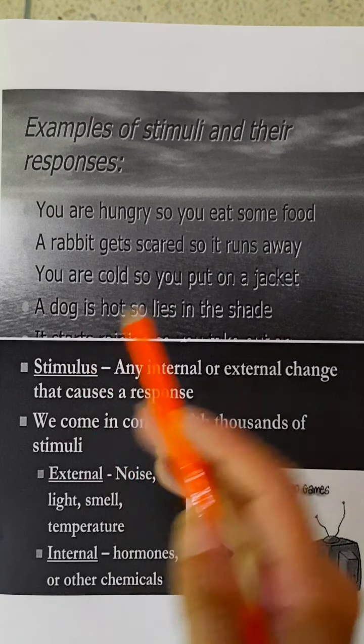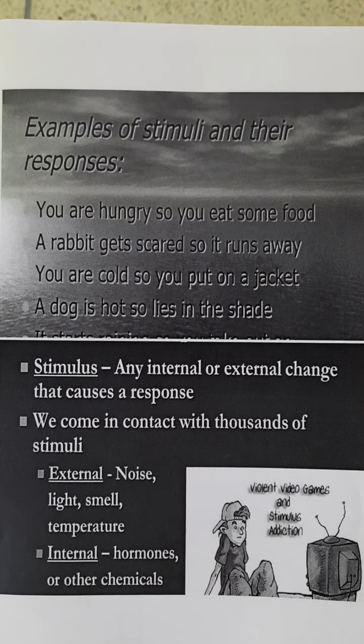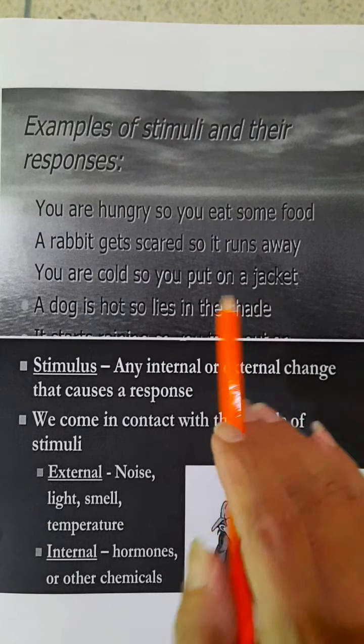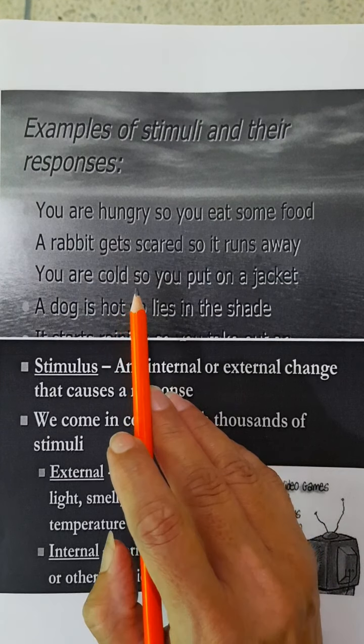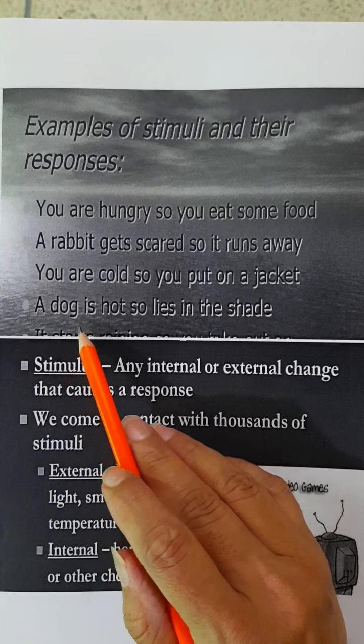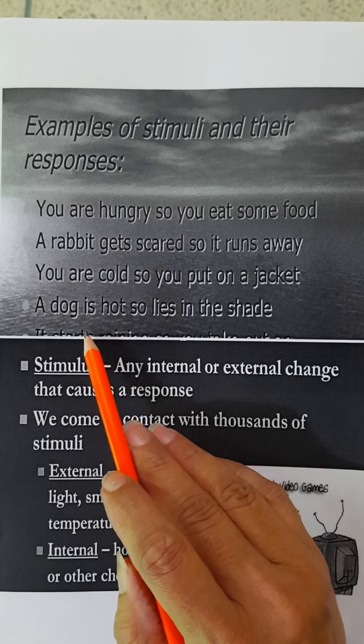Okay. When you feel cold, this coldness you get from the environment. And what do you do in the response? You put on your jacket or your sweater. So wearing your jacket or your sweater is the response. Feeling coldness is the stimulus. If a dog feels hot, what will happen?